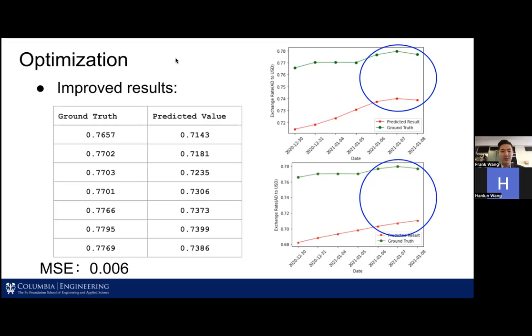What I want to emphasize, especially in those three points in the upper figures, is that our improved model is really good at reflecting the trend of the data. It's really close to the ground truth, the real world data, where the trend increases and decreases, and there's a peak.